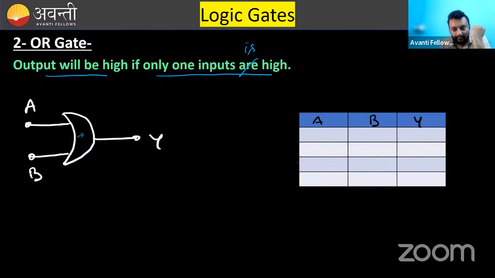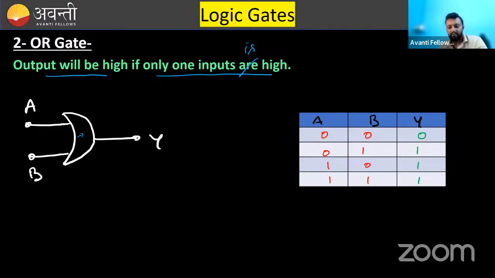So let's make a table. What are the possible combinations? 0 0, 0 1, 1 0, 1 1. What will be the output? This is going to be 0 because all the inputs are 0. In all other cases, it will be 1 1 1. Why 1 1 1? Because at least one is high. OR gate, कोई एक भी 1 होगा तो output 1 होगा.